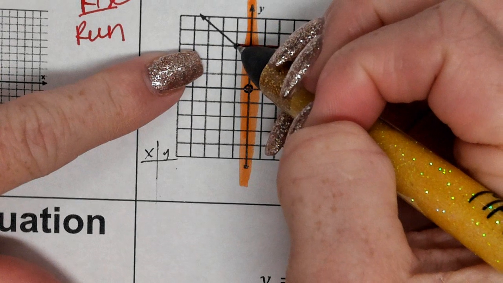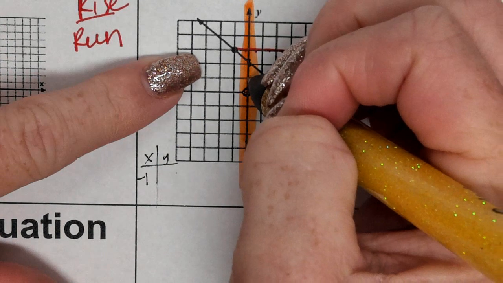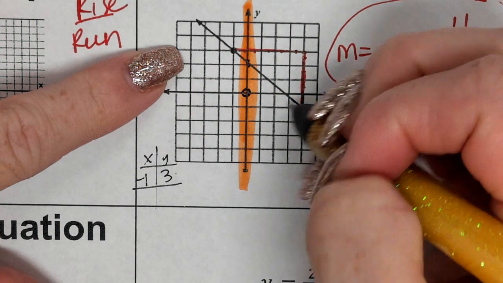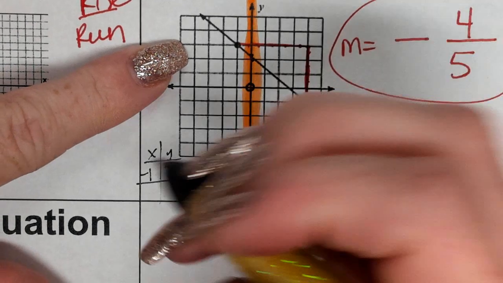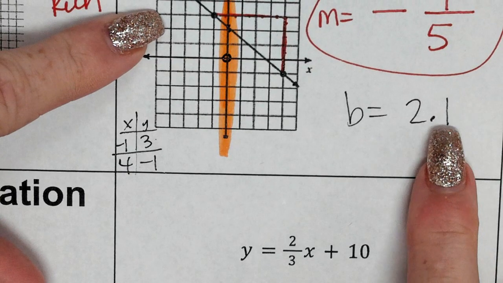This coordinate is at -1 on the x-axis. It is at +1, 2, 3 on the y-axis. This coordinate is at 1, 2, 3, 4, -1. And my stat will tell me if I guessed good.